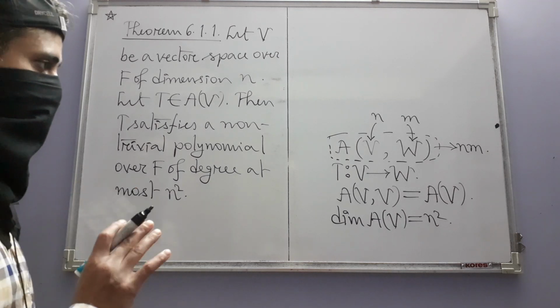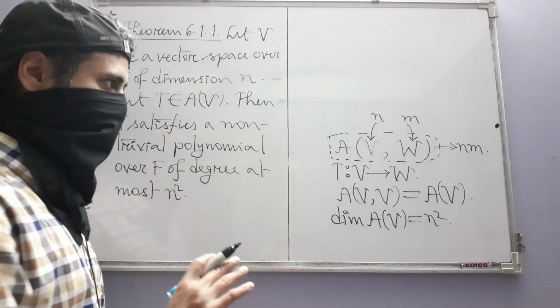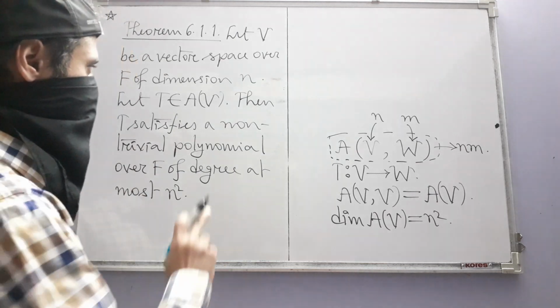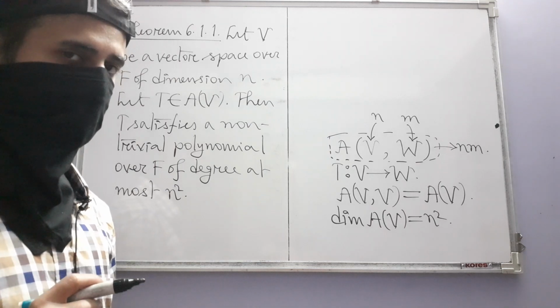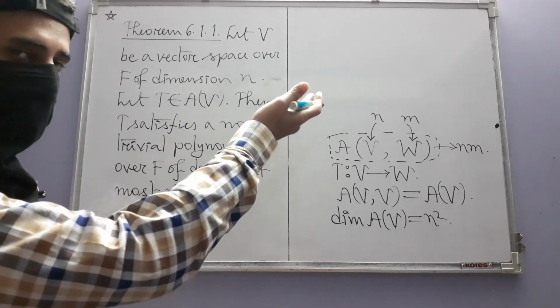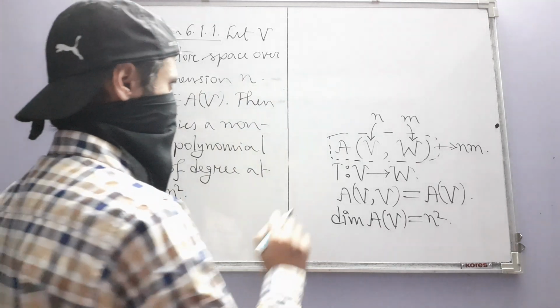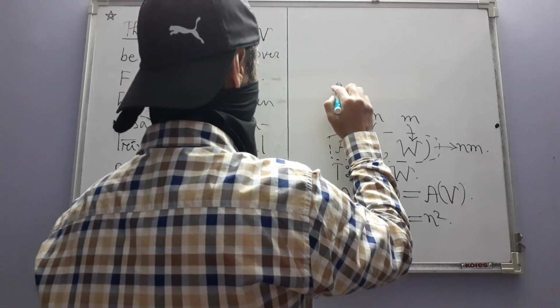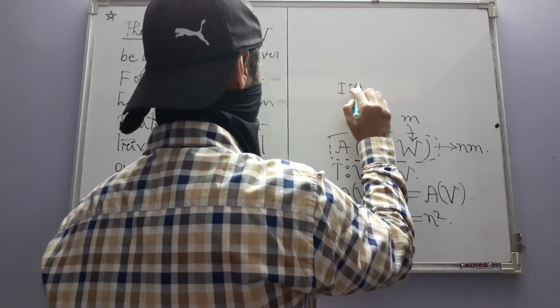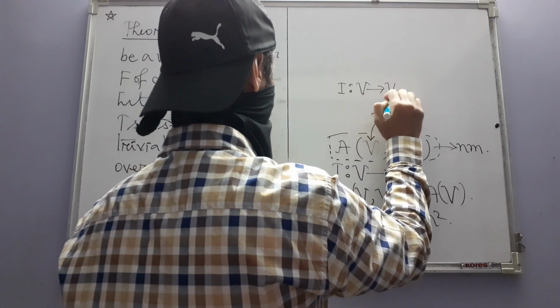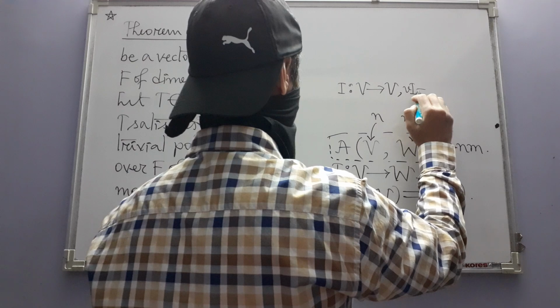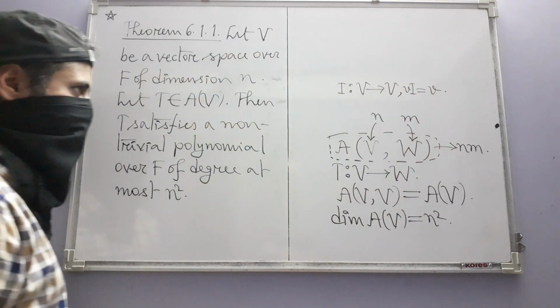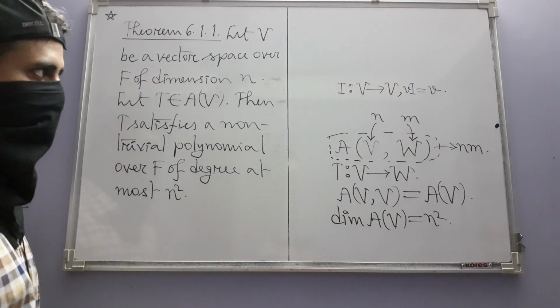But you keep in mind that all the conditions should be satisfied. Is this a unital algebra? Is there a unit element? Because we need a unit element, as we have seen in that lemma. Yes. What is that unit element? It is nothing but the identity map, which maps every vector onto itself.